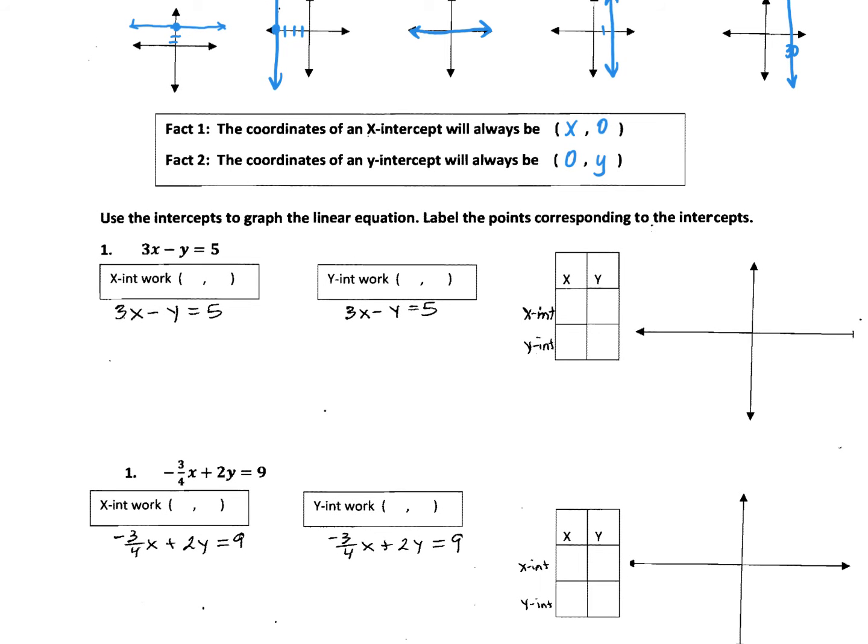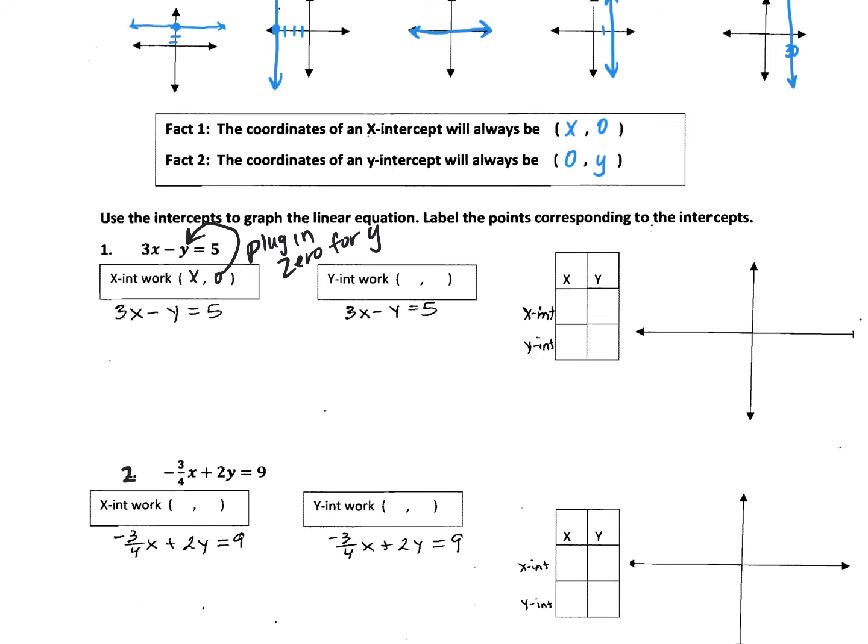So here we have some equations to graph. We have 3x minus y equals 5. And in order to find the x-intercept, if it's x, 0, we're going to plug in 0 for y. We want to be solving for x when we want the x-intercept.